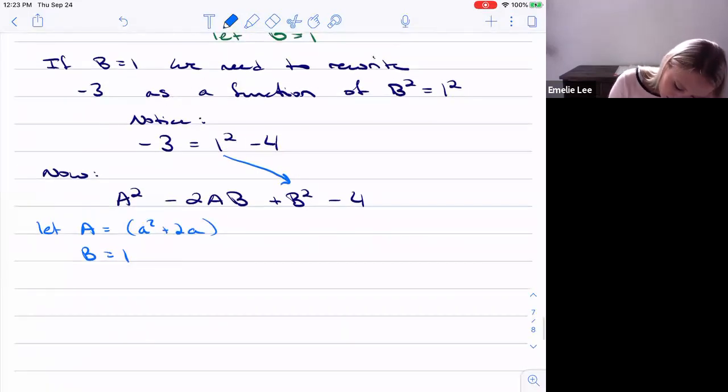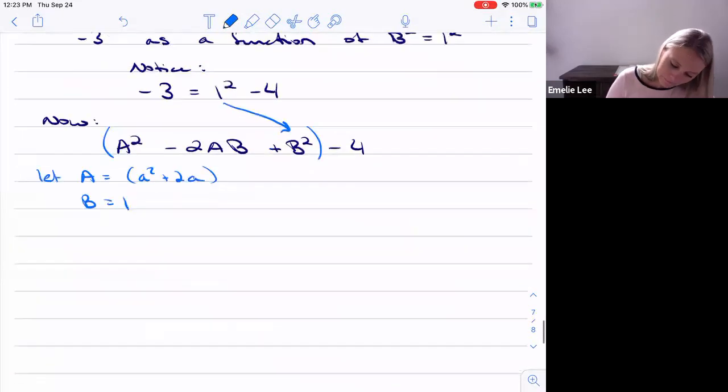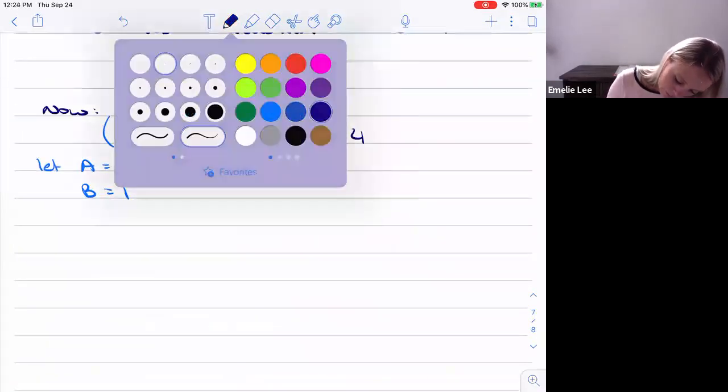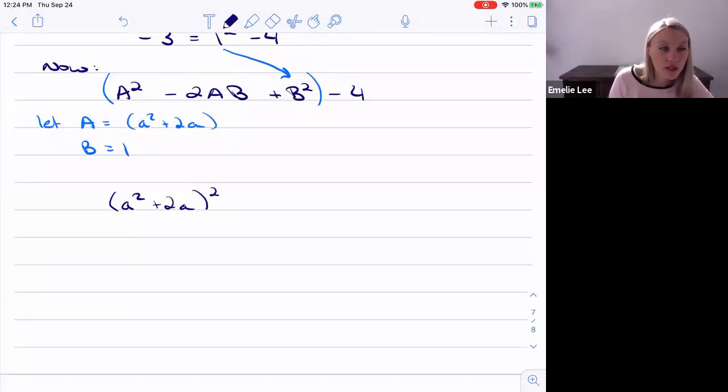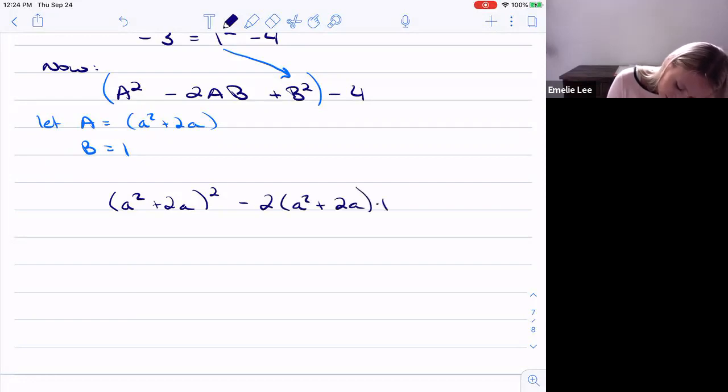Now this is going to be its own thing, and then I'm going to subtract 4. So what I've got is a squared plus 2a, squared. So that's where I started. Minus 2 times a squared plus 2a, technically times 1, that's my b, plus 1 squared minus 4.